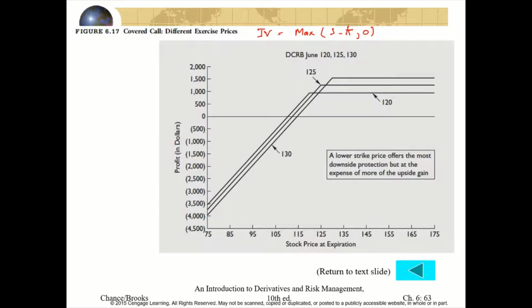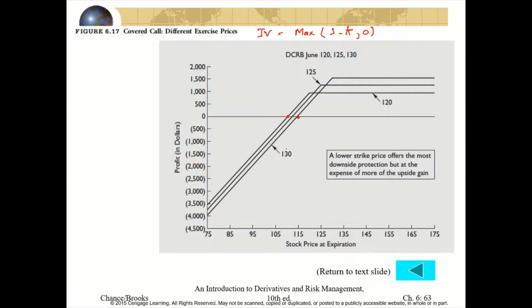There is a negative relationship between the intrinsic value and the premium of the call option, and since we are receiving the premium, if we choose the option with the highest strike price, it will provide us with the highest break-even point. If we choose the option with the lowest strike price, it will provide us with the lowest break-even point.